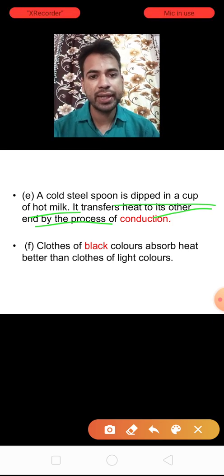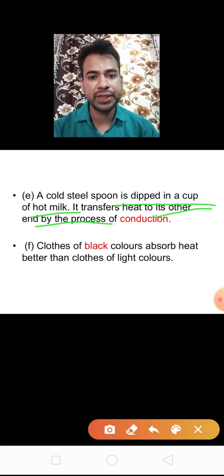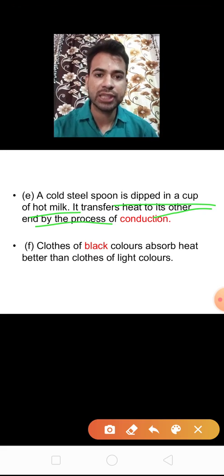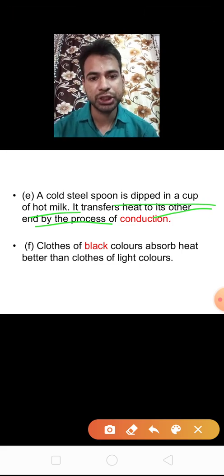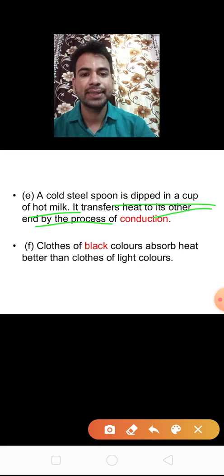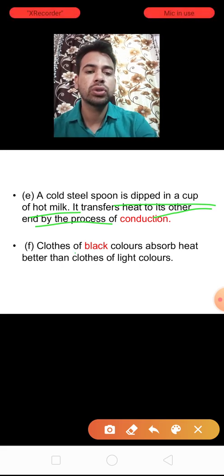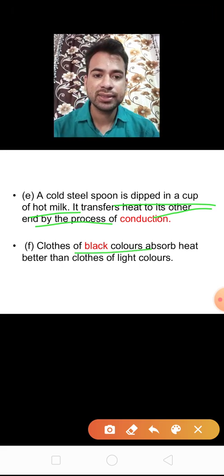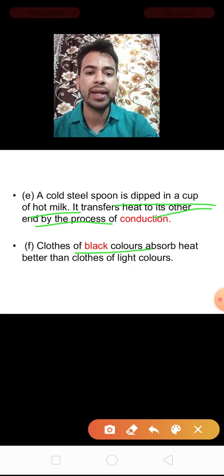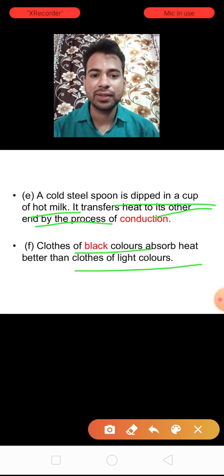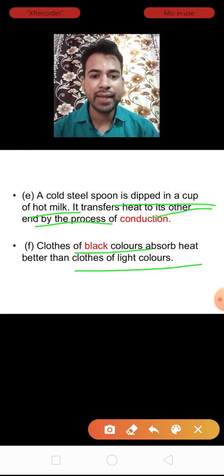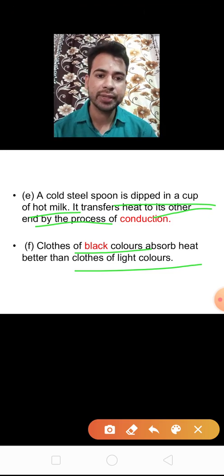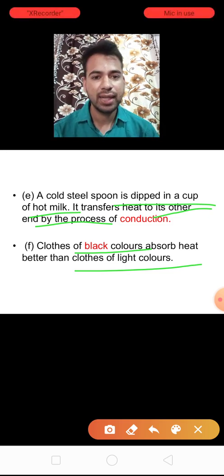The steel spoon is a solid, so the transfer of heat takes place by conduction. Next, clothes of black color absorb heat better than light colors. Children, if you wear black clothes, they absorb more heat compared to light colors.